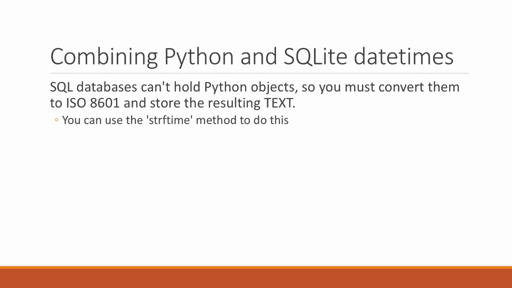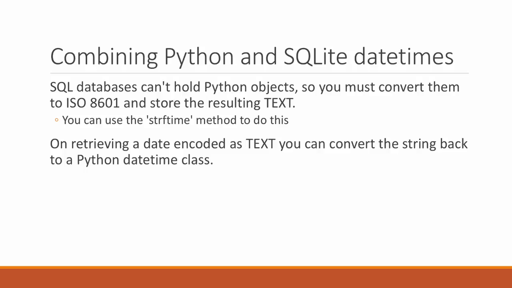So how do you convert a datetime Python object to text? Well, you use the strftime method to do it. And then when you've got a datetime object in the database in this text format and you want to convert it to a Python datetime class, for instance, to do math like figure out which students in the class are legally able to drink, then you would use the strptime method to get it out.